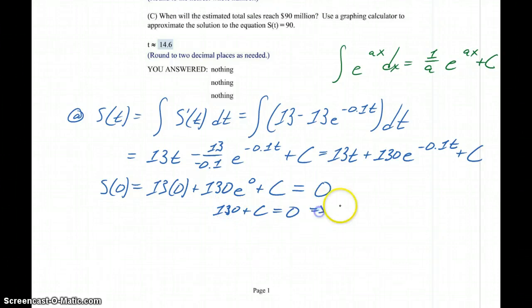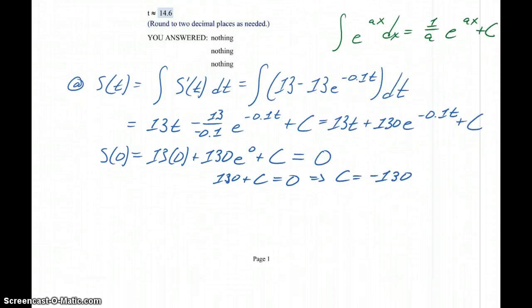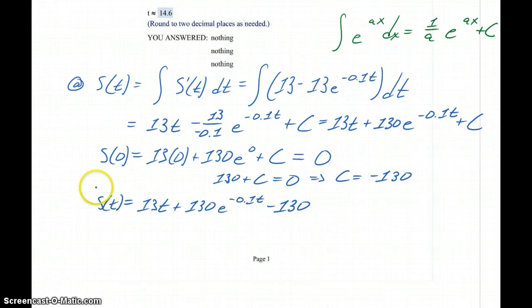Plus some constant c, which implies c has to be equal to negative 130. So our complete sales function is going to be 13t plus 130 e to the negative 0.1t minus 130.